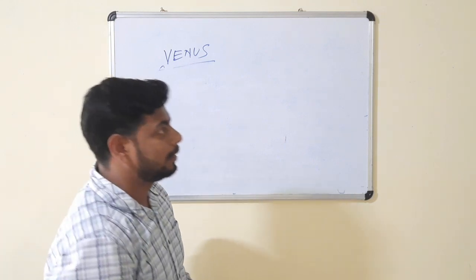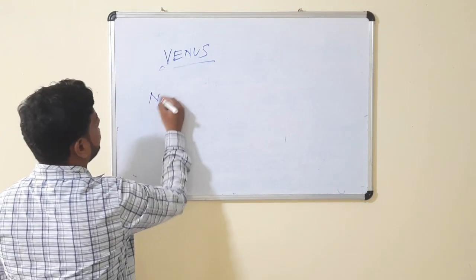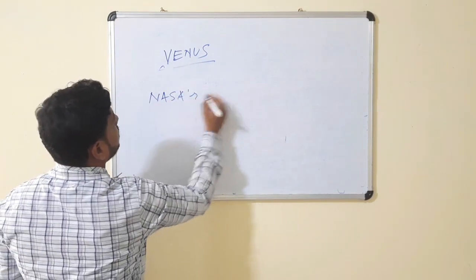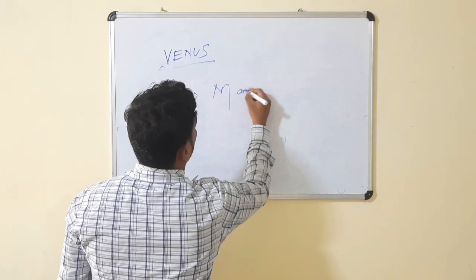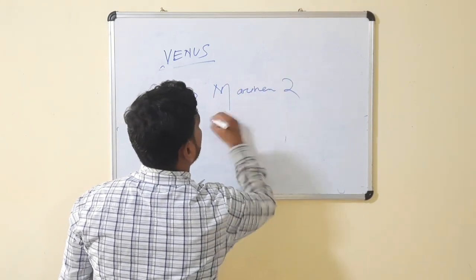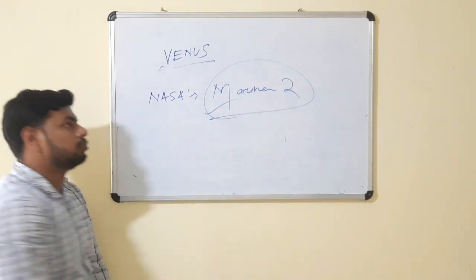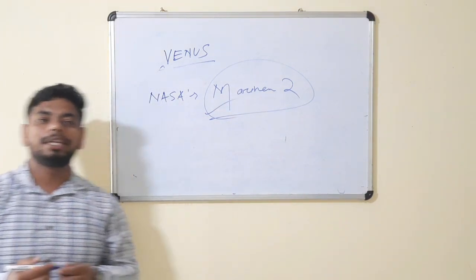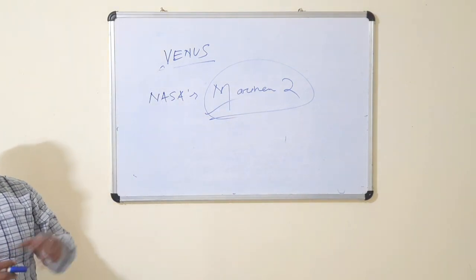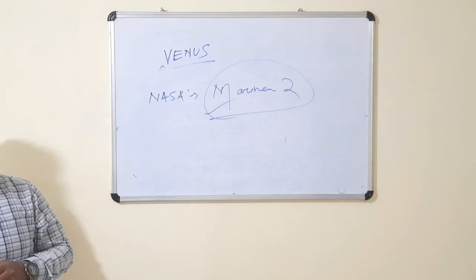That is NASA's Mariner 2. So the spacecraft which reached Venus is NASA's Mariner 2.